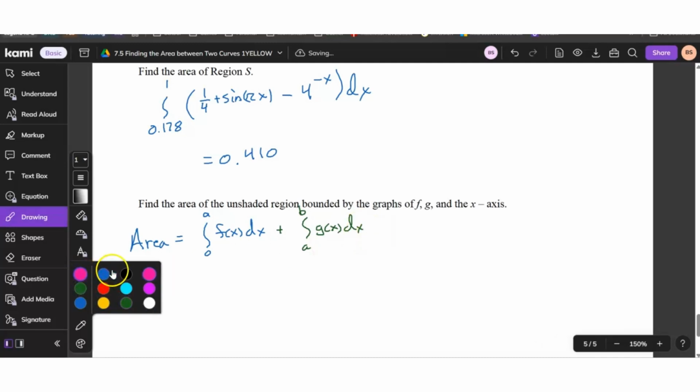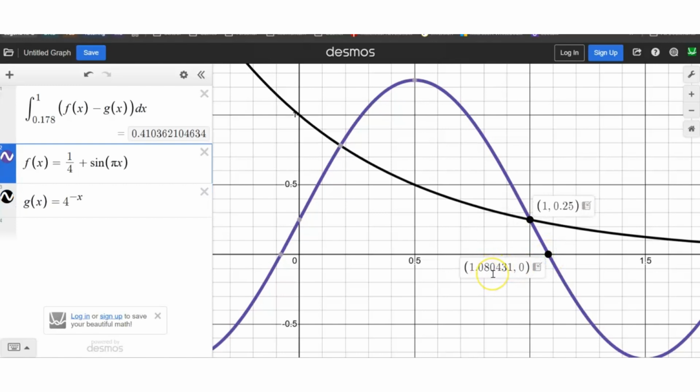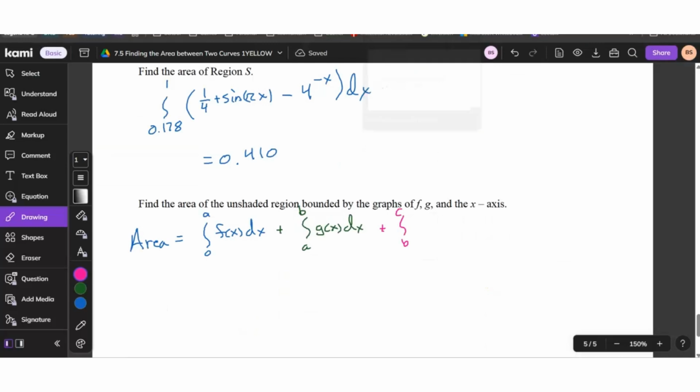Now here's the part that's actually missing. Are you ready? Yeah. We have to go from b to c. Let's take a look at the graph and look at it for real here. If I look here, what's this little piece underneath? Is it f of x or g of x? That is f of x, and it's going to be from 1 to 1.08. So it's just a little tiny piece, but it is there, so we should include it.